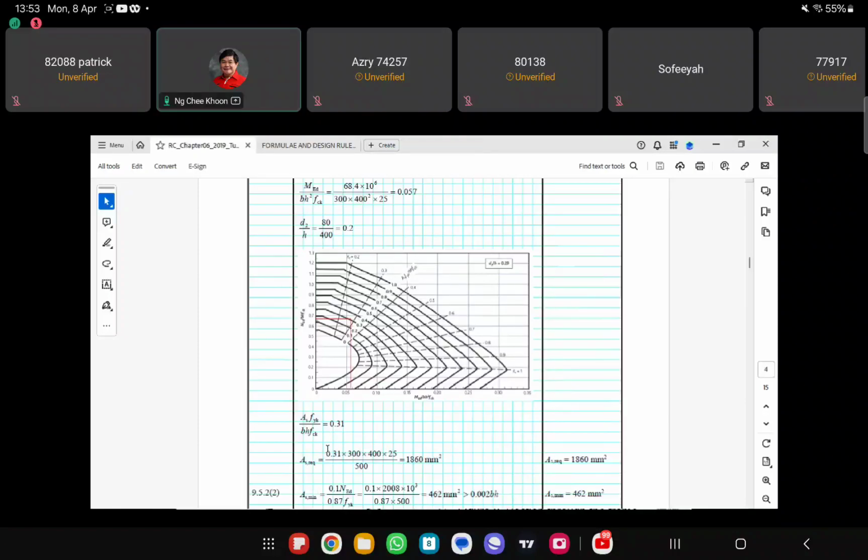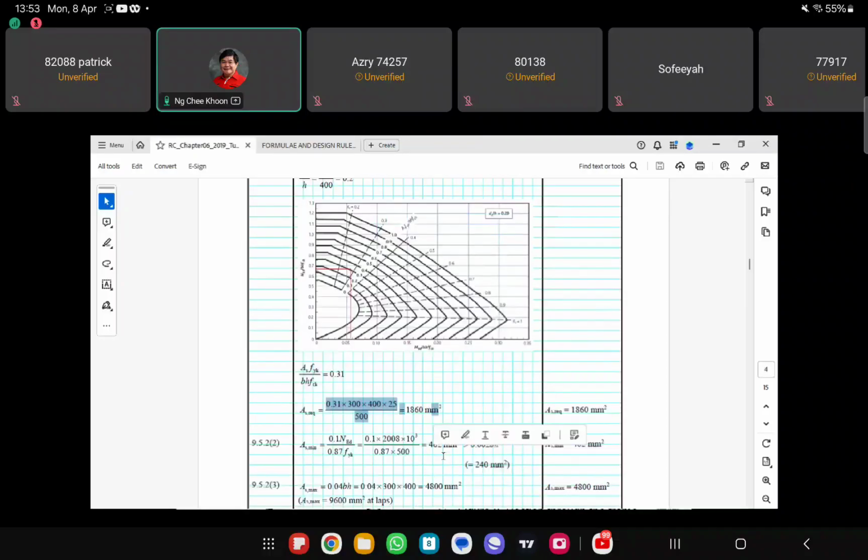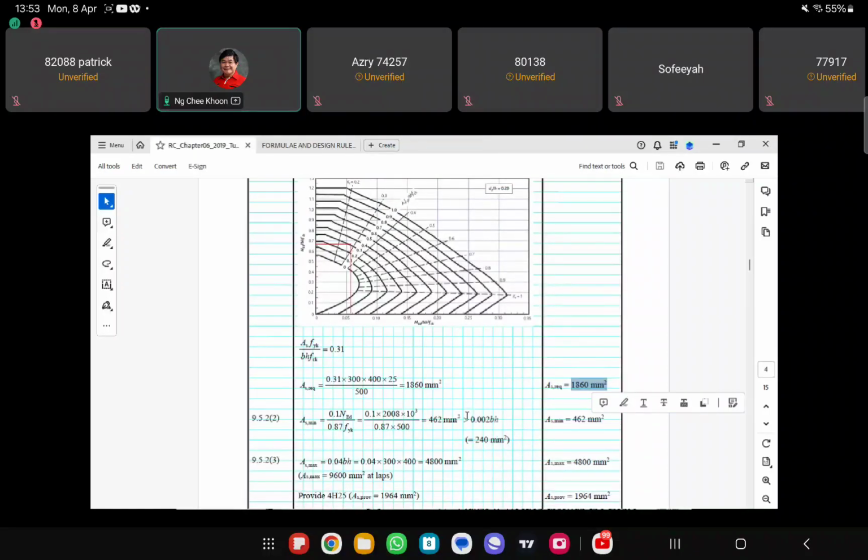My As fyk over bh fck is 0.31. So this becomes my As required. You just bring all these terms to this side and fyk to the other side. Then I get As required of 1,860 square millimeter. So this is my As required.